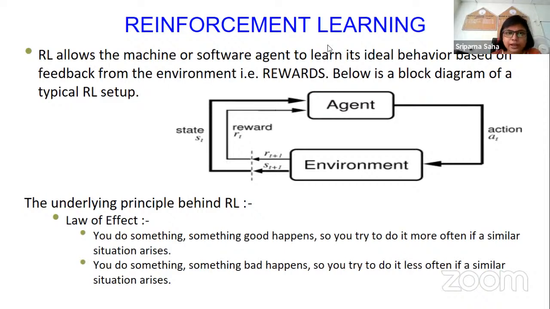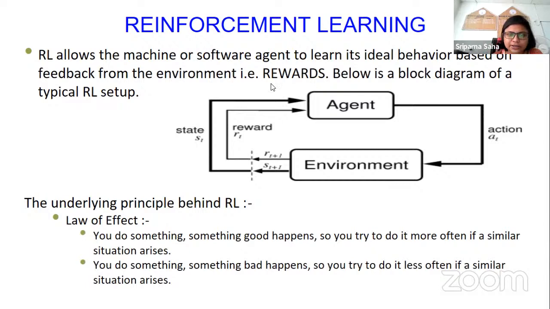So basically, this is reinforcement learning. You can see that in reinforcement learning there is an agent and there is an environment. The agent takes an action, and this action is evaluated by the environment. For a particular action, we have a reward or a penalty. Initially there is a state ST, and after taking the action AT, the agent will go to a new state ST plus 1.